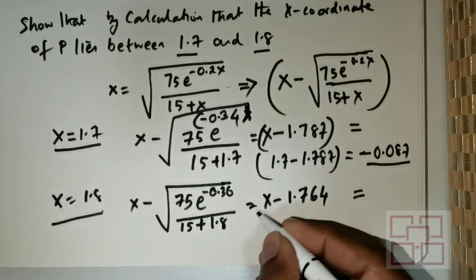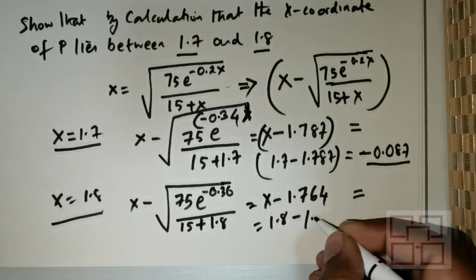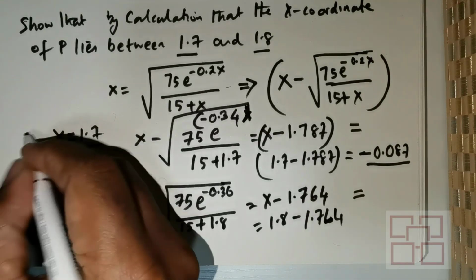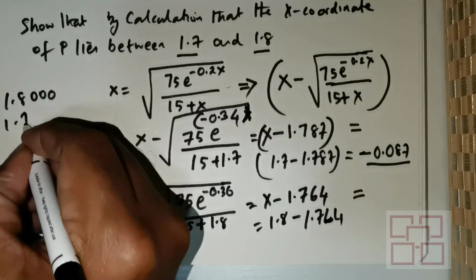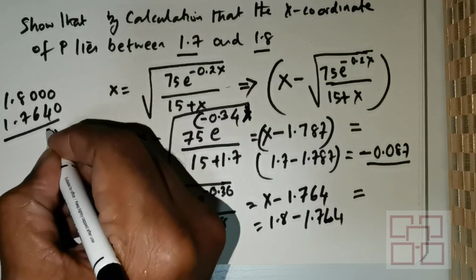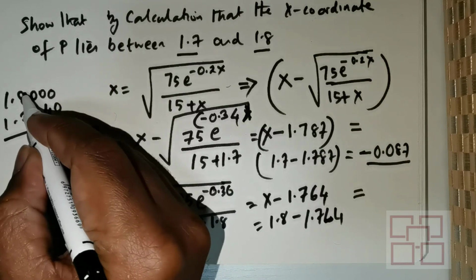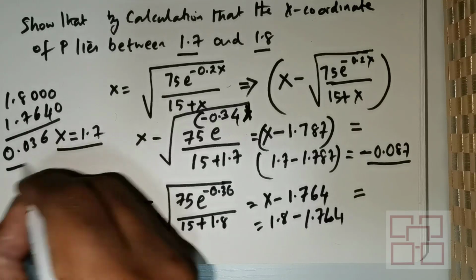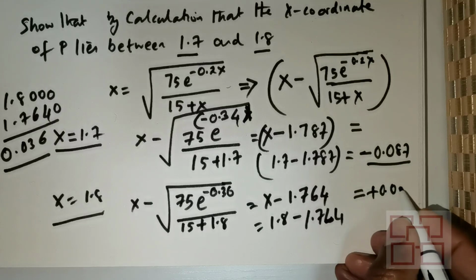Now, when x is equal to 1.8, I have to place 1.8 and then subtract 1.764. So what does that get me? 1.8000 minus 1.764 is positive 0.036.